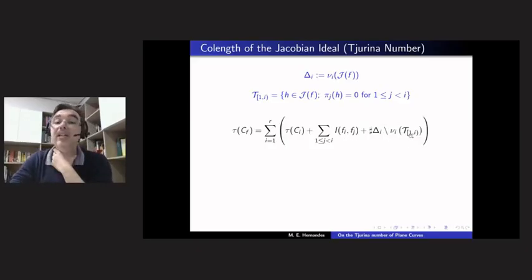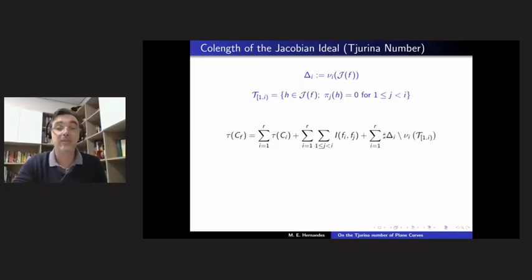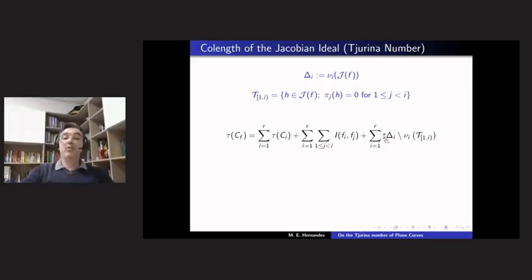And this number, this cardinality, is precisely an analytical invariant, which gives a form similar to the Milnor number, but now for the Tjurina number. In fact, when we expand the sum, we obtain this expression.